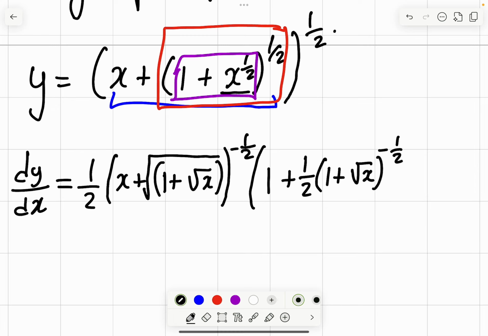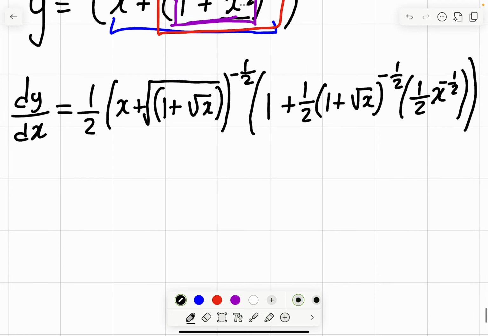Understand? Therefore, I multiply by the derivative of whatever is inside here, which is going to be 1 over 2. Therefore, I subtract 1 there, I remain with negative 1 over 2. That's how simple that thing is.